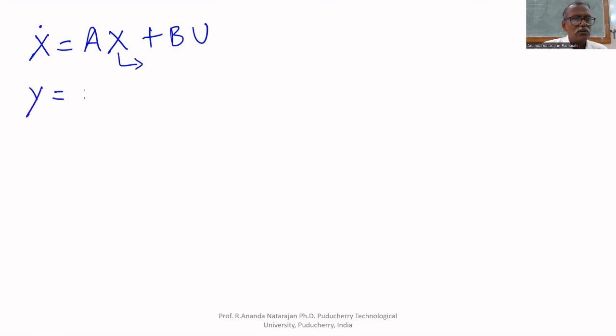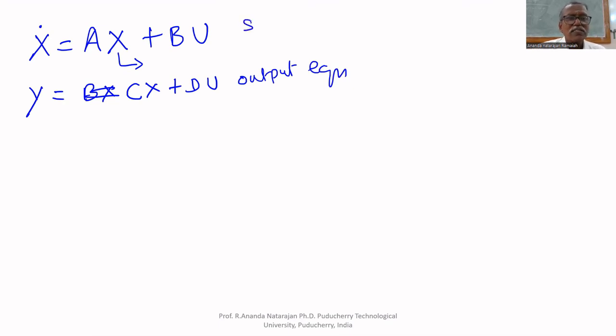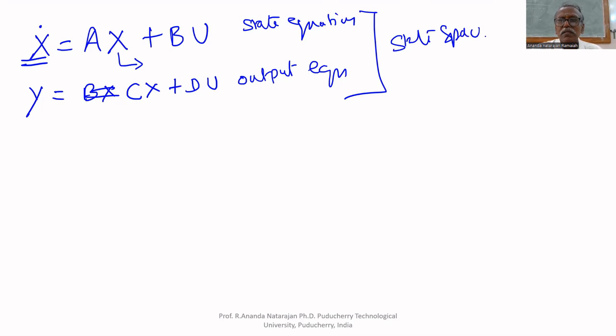Y equal to CX plus DU. This equation is called the output equation because it gives the output. This is called the state equation because it gives the state variables. These two together are called the state space model.